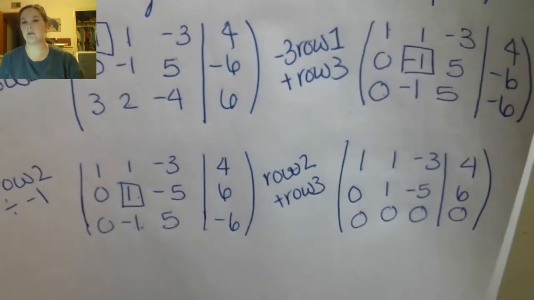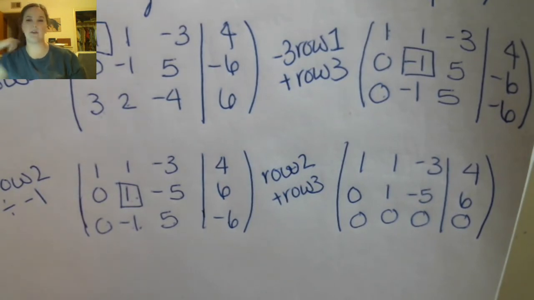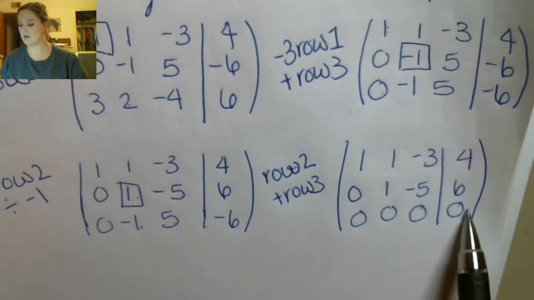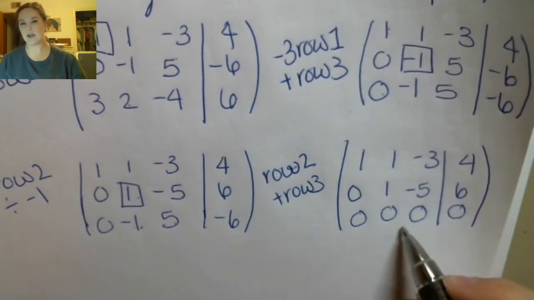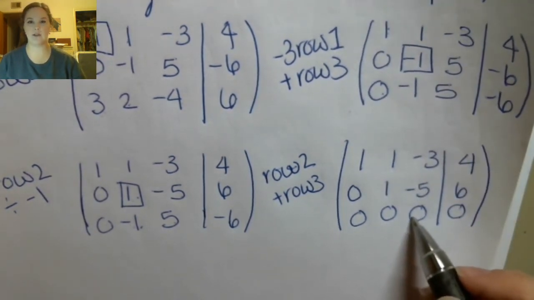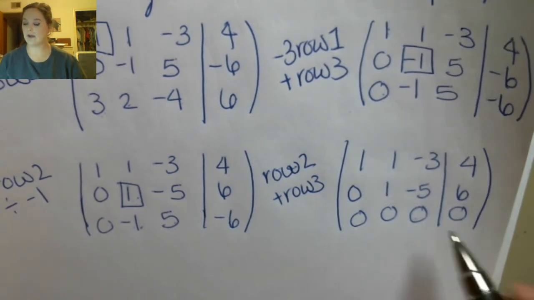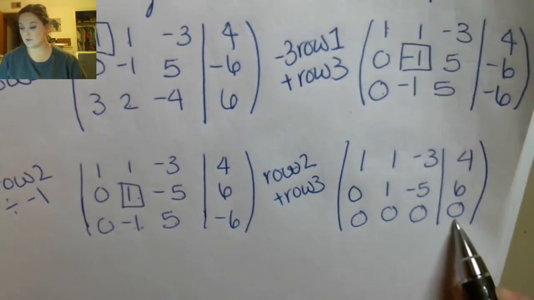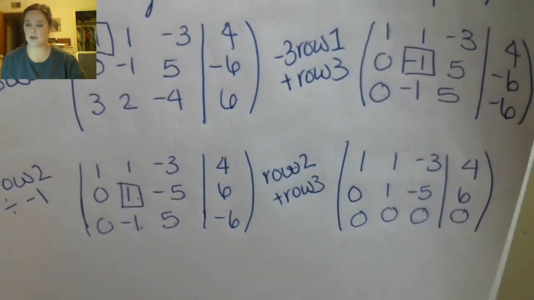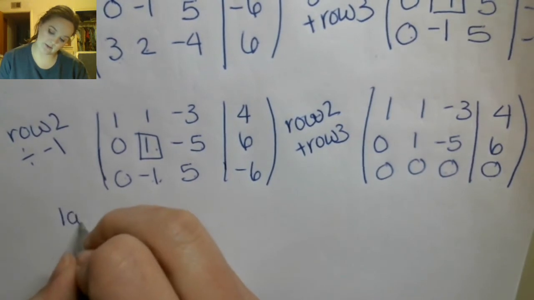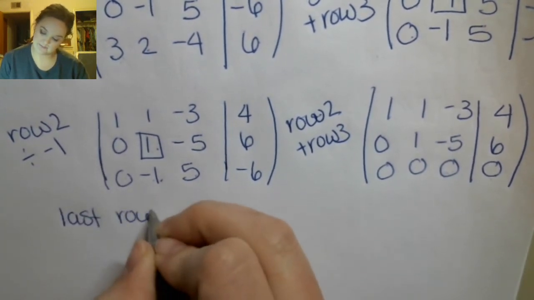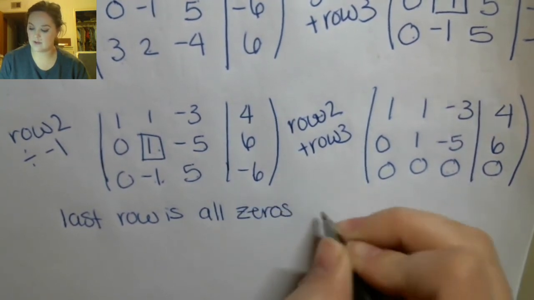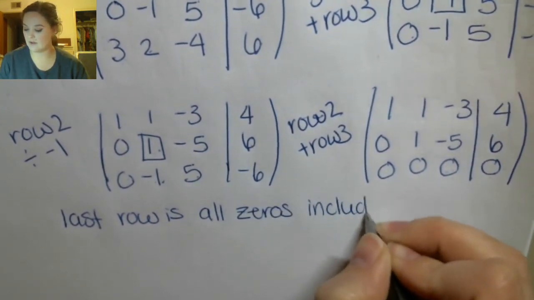Okay. Now, it's at this point that you can tell something is very different than previous situations, right? We have this row of all zeros, so we can't look at this diagonal term and make it a 1. It's just not possible, okay? So anytime you have a full row of zeros like this, including the augmented column, okay, so this would be the last row is all zeros, including the augmented column.